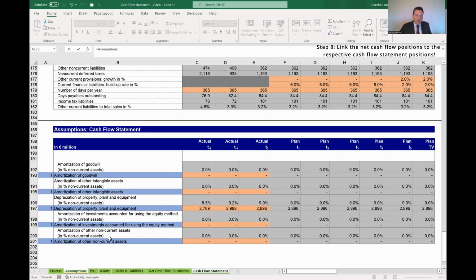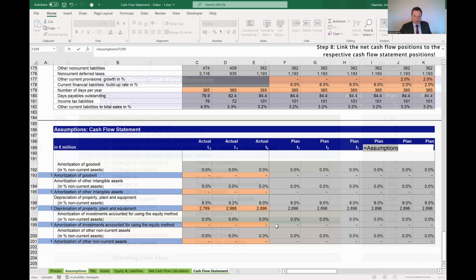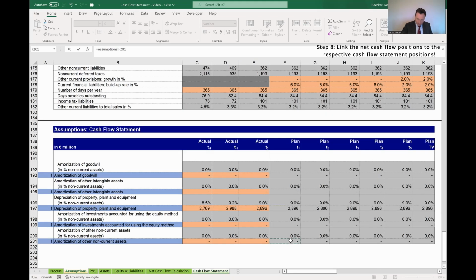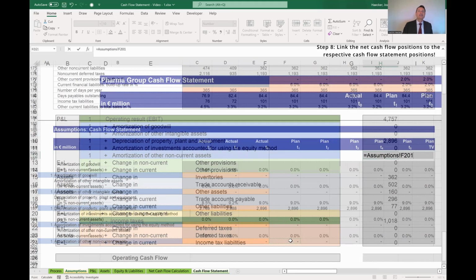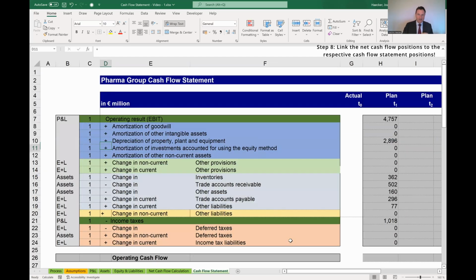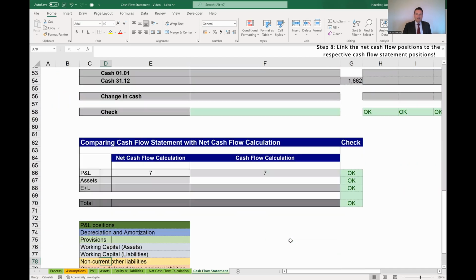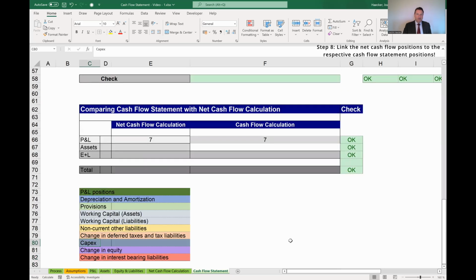Only one thing is missing, one position, which is basically the counter position of the depreciation and amortization. And this position is the capital expenditure, CapEx. Whatever I invest in form of CapEx will later on be depreciated / amortized.